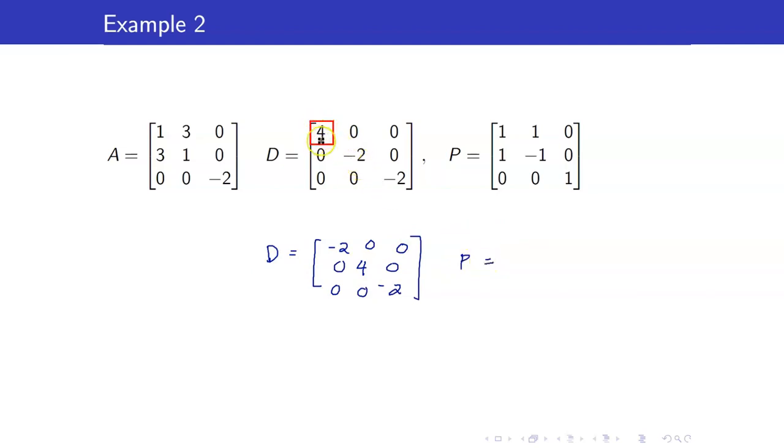Note here that 4 corresponds to the eigenvector (1, 1, 0), and -2 corresponds to the eigenvectors (1, -1, 0) and (0, 0, 1). So if I start with -2, I should get an eigenvector corresponding to -2. I can use either of these, so suppose I use (1, -1, 0). An eigenvector corresponding to 4 would be (1, 1, 0). And for the other -2, I will use (0, 0, 1).